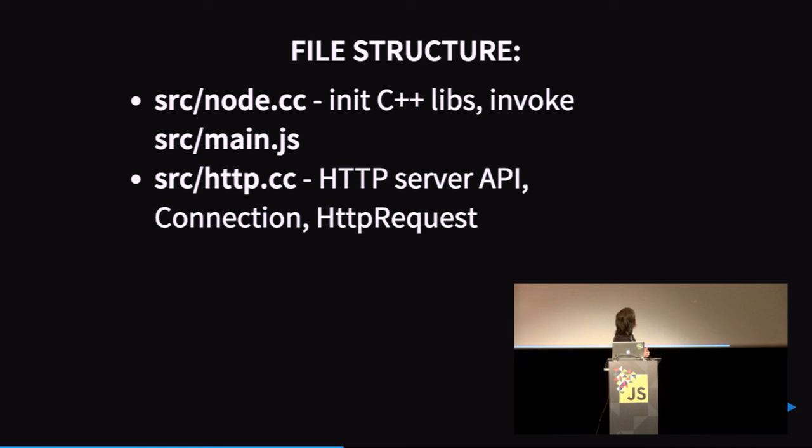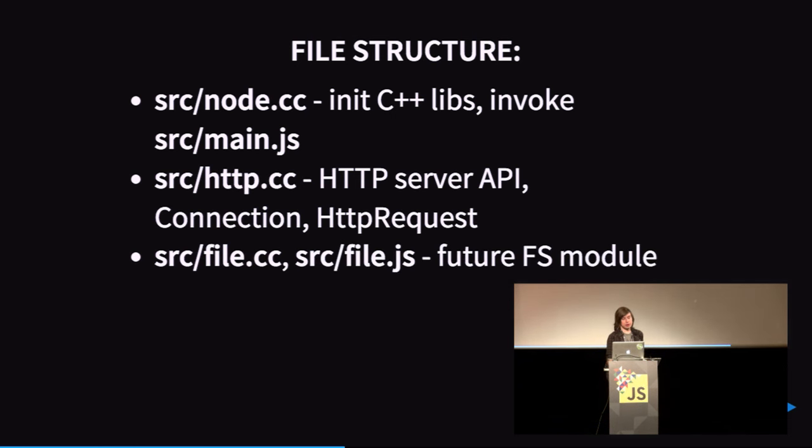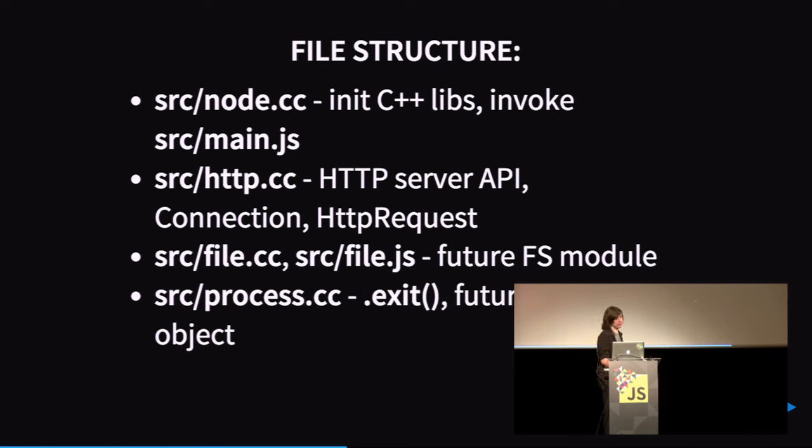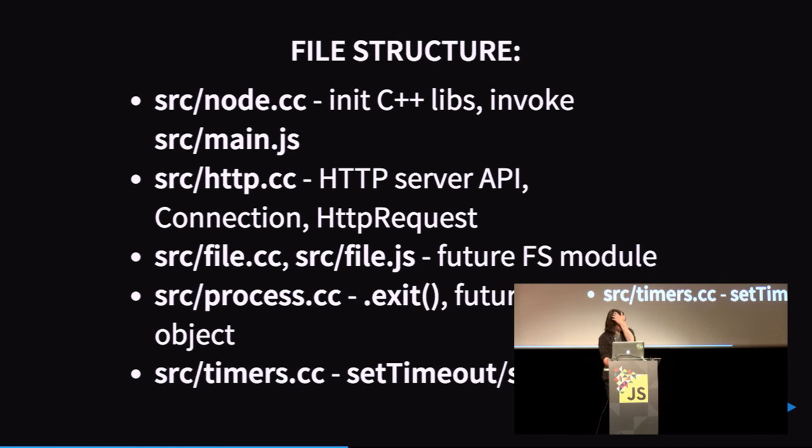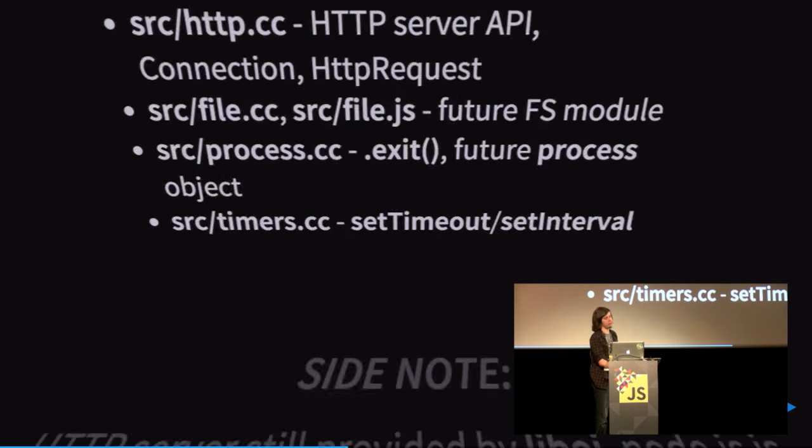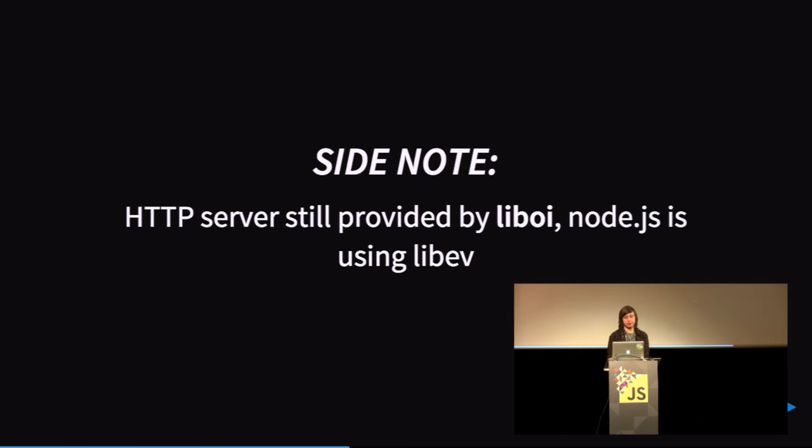Another C++ file is src/http.cc. It provides the HTTP server API, connection, and HTTP request classes. src/file.cc or src/file.js is the future fs module. src/process.cc has only an exit method right now, and it will eventually become the process object that we have now. src/timers.cc provides just setTimeout and setInterval, so nothing surprising here.